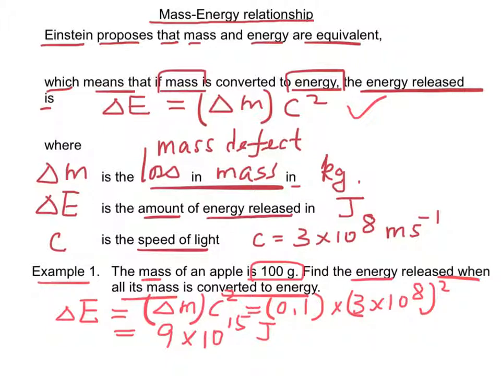We see that only a mass defect of 100 grams will produce a huge amount of energy.